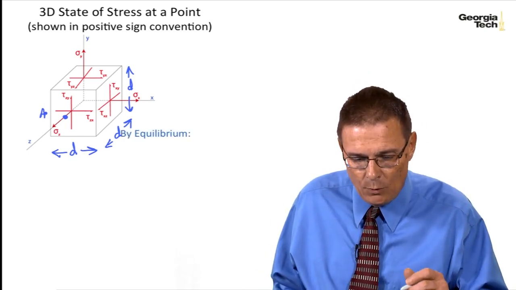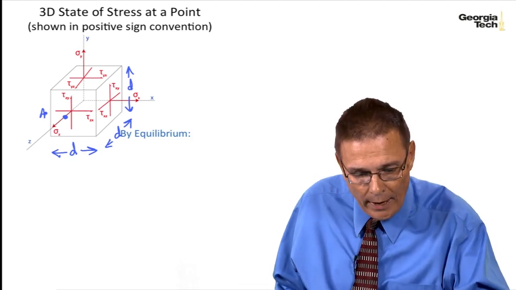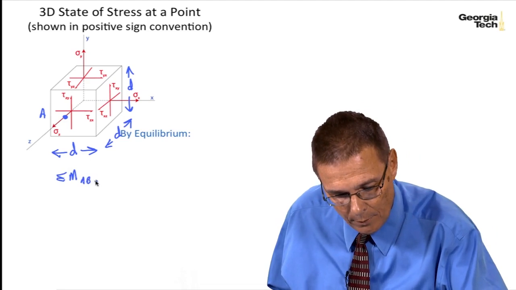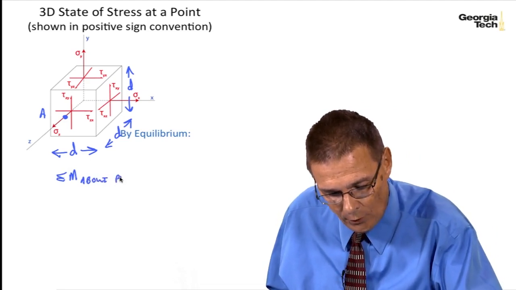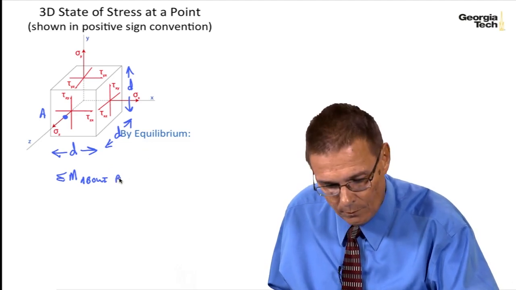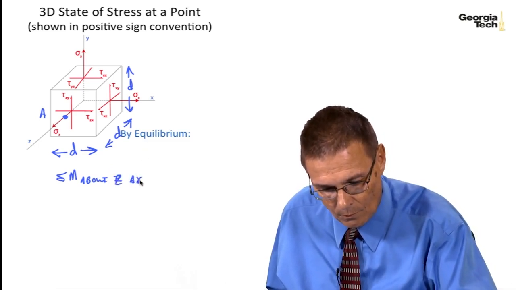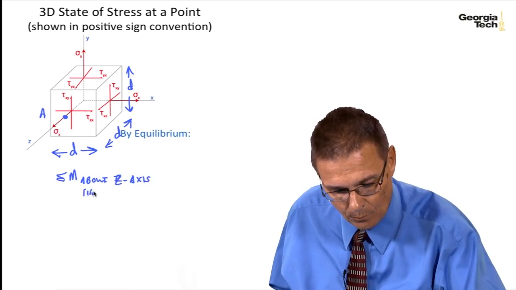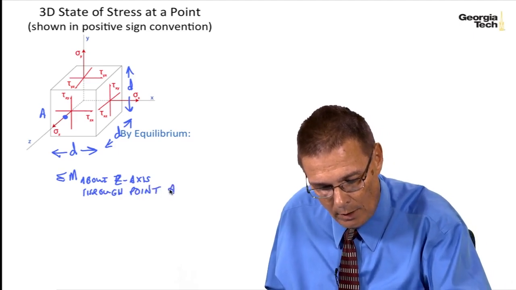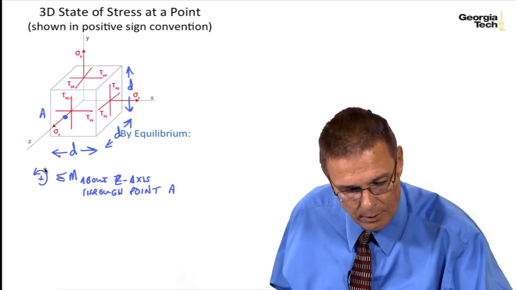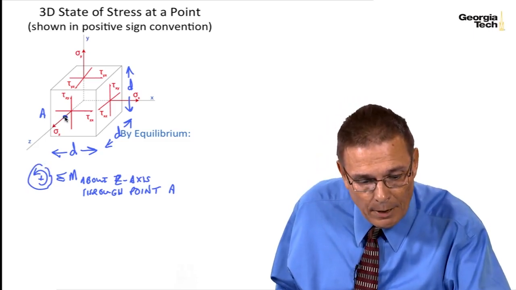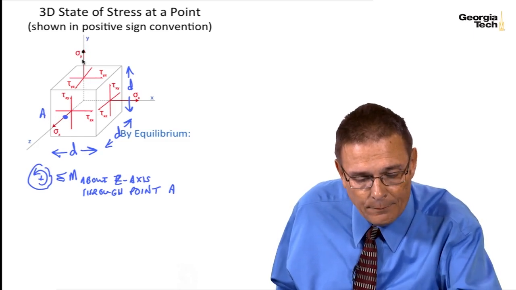And so by static equilibrium, let's go ahead and sum moments about point A, or actually about the z-axis through point A. And I'll call counterclockwise positive. And so about point A, I've got sigma y times the area.